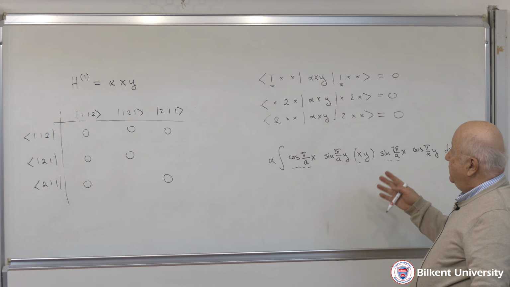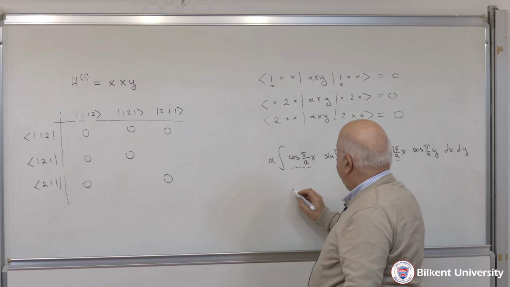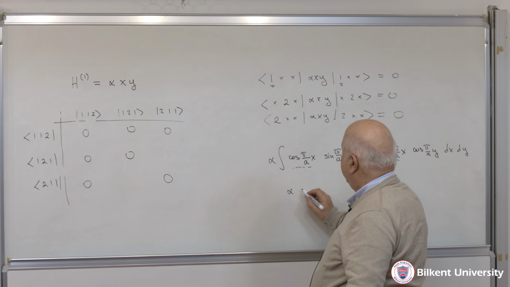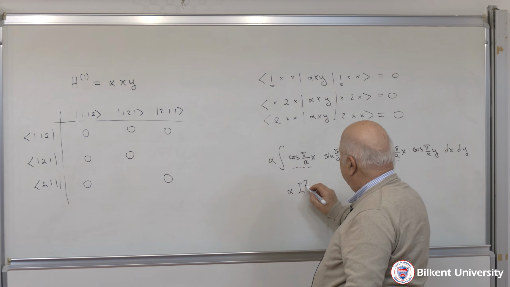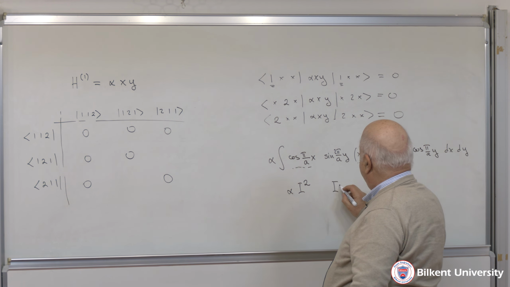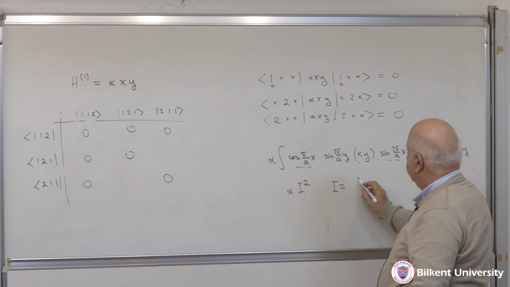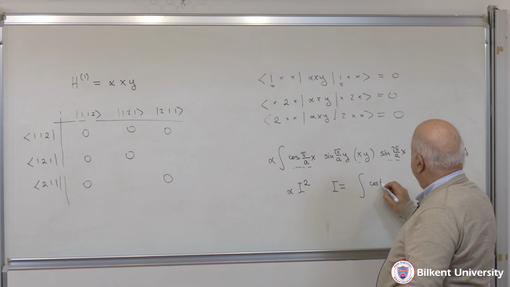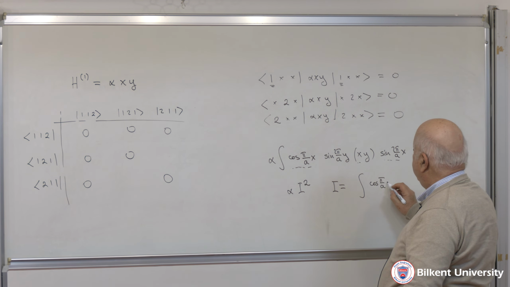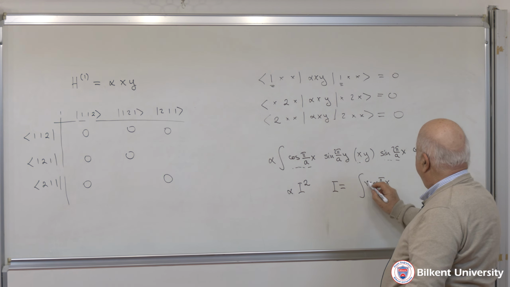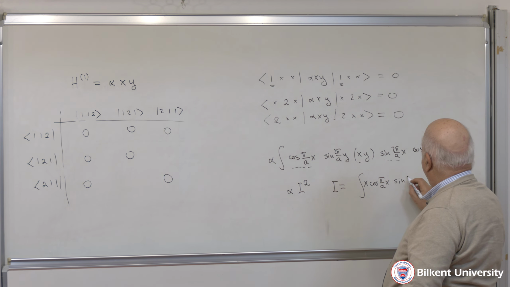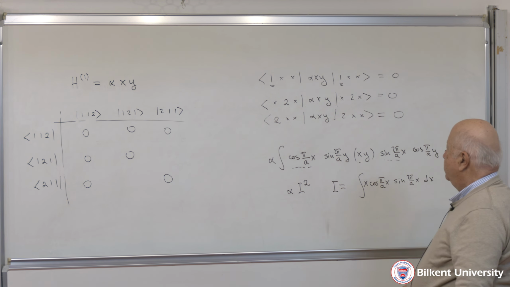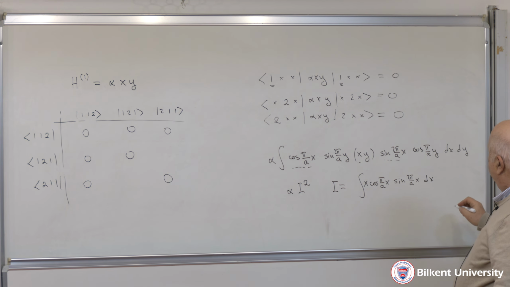So this is going to be equal to alpha times this integral squared, where this integral is the integral of cosine pi over a x, x, sine 2 pi over a x dx. And there will be a normalization, which is going to be 2 over a.